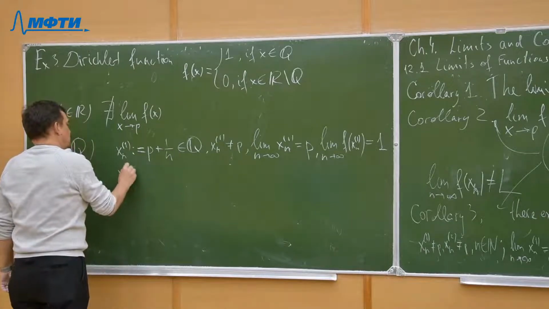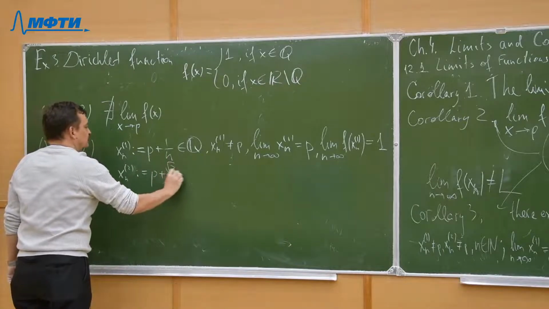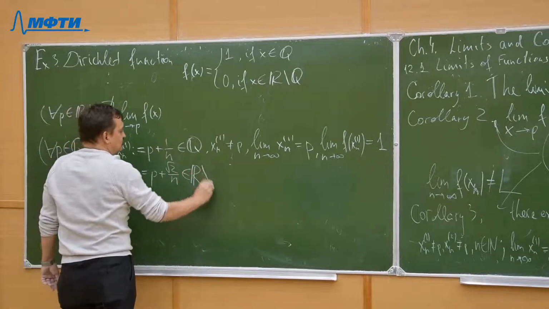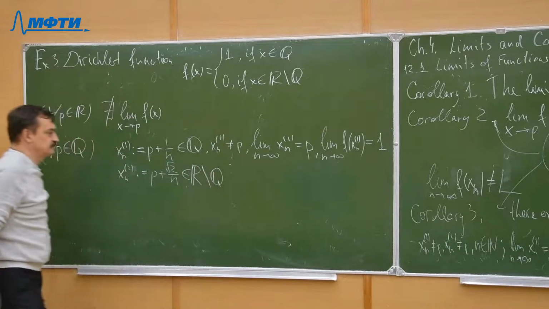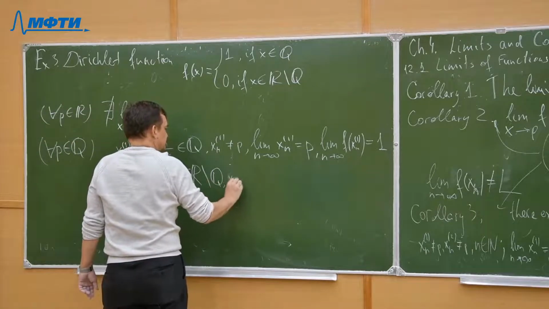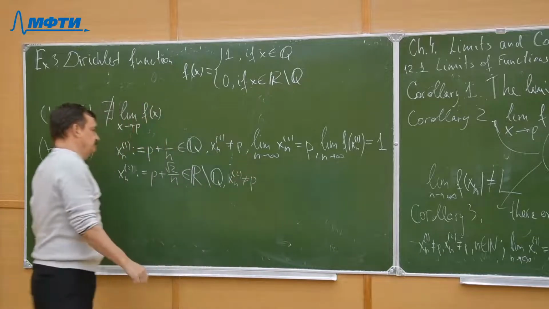And if we take xn2 equals, let's say, p plus square root of 2 over n, then it is irrational. xn2 is not equal to p.